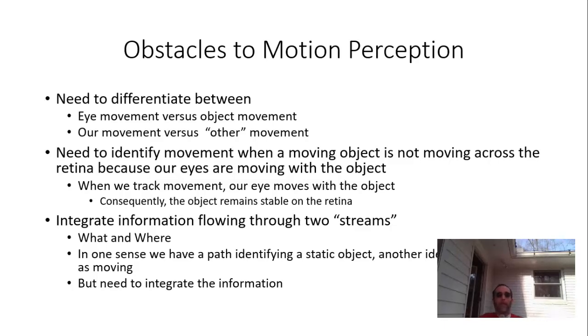In fact, as we move through the world, it looks like things are moving. We're moving, but it gives the sense of motion to other things as well. So we need to identify movement when a moving object's not moving across the retina.